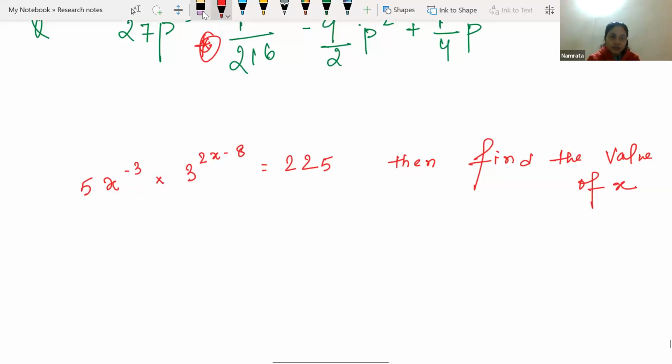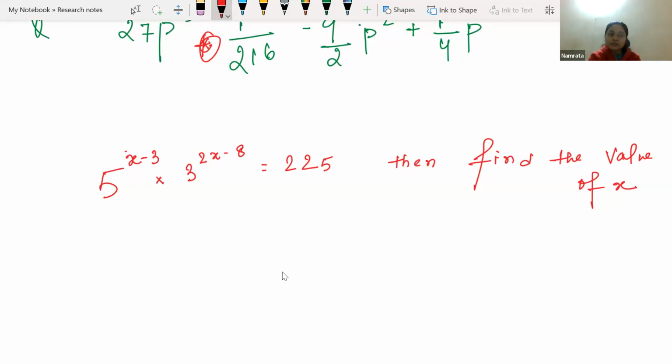Is x having power minus 3, or is it x minus 3 directly, like an algebraic expression? Yes, ma'am, like this expression.